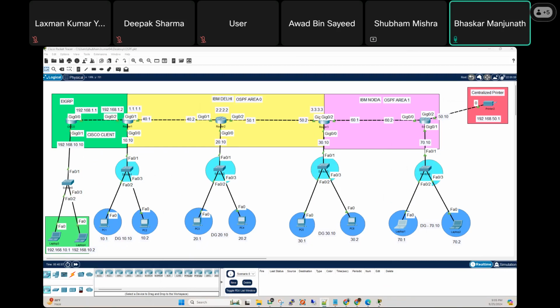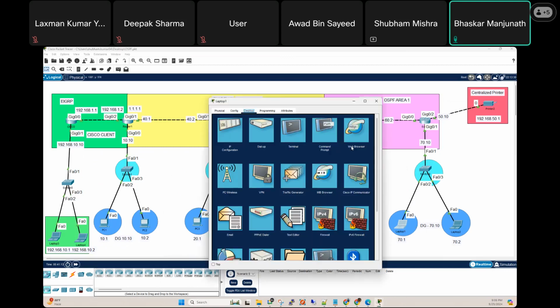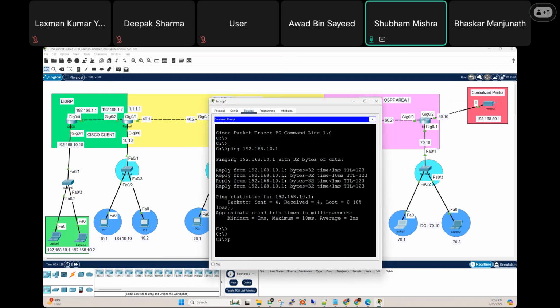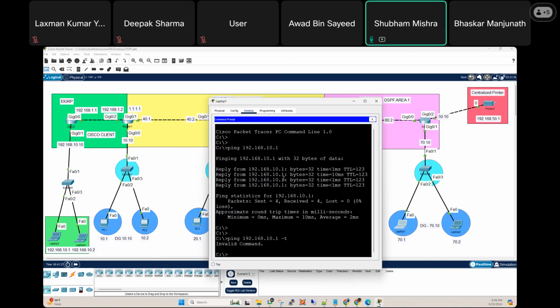You put ping with -t, continuous pinging, ICMP, then request timeout, then pinging again.